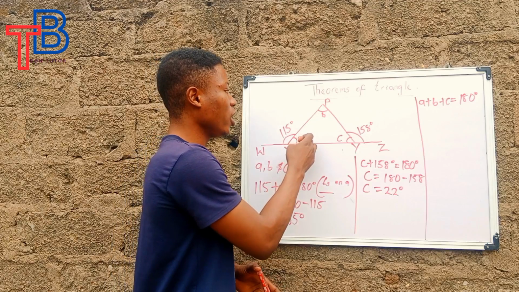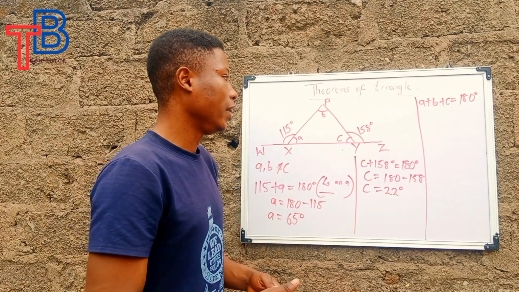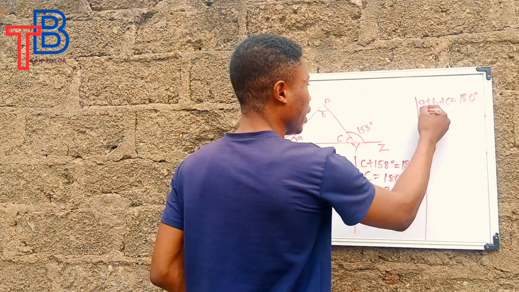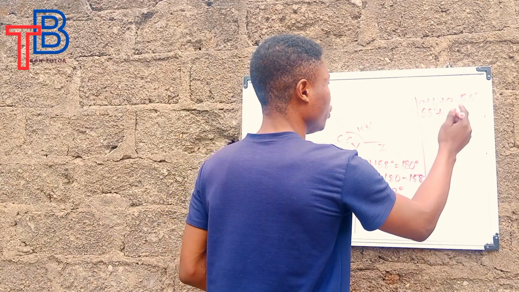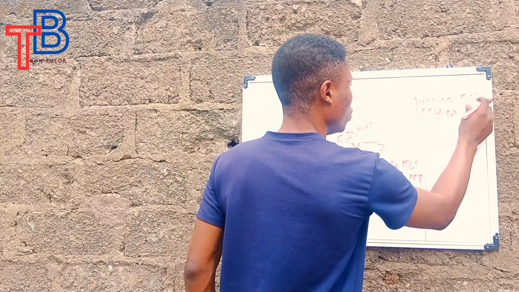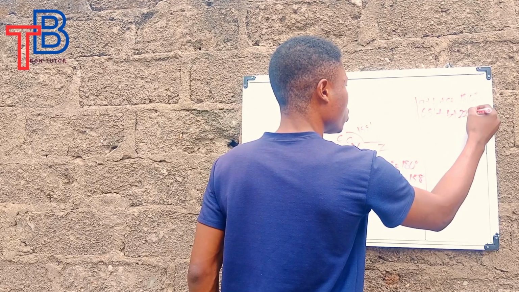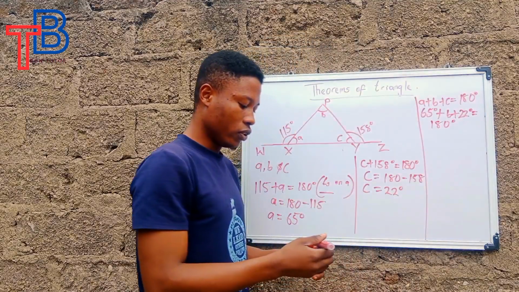So adding your A plus your B plus your C, everything should give you 180. And recall that our A is 65 degree and our B still remains unknown, while our C is 22 degree, and everything should give you 180 degree.